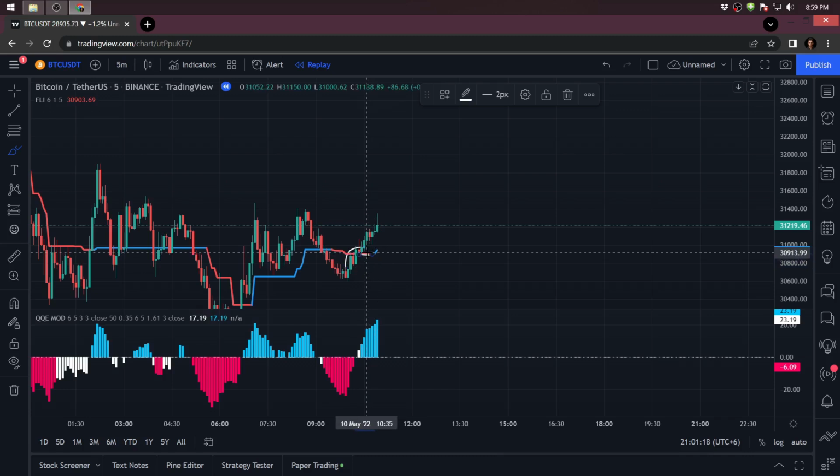The third confirmation is the candle has to separate from the Follow Line indicator line, the fourth confirmation is the QQE mode indicator bar color has to be blue, and the last confirmation is the candle color has to be green.